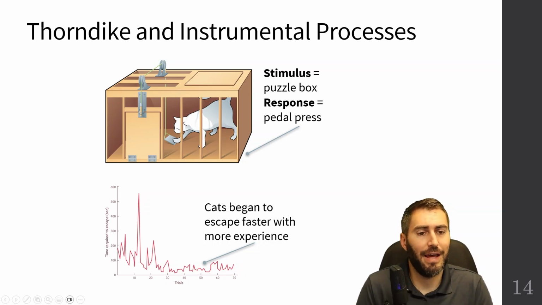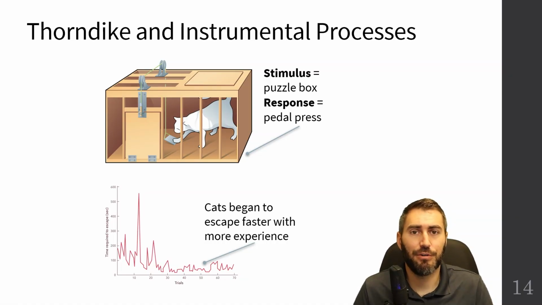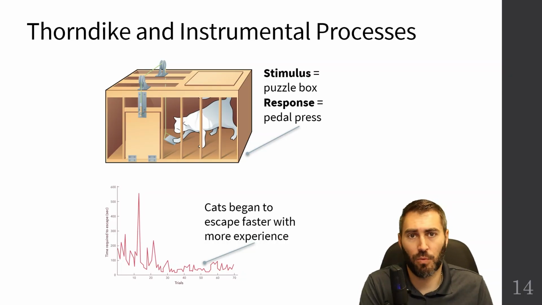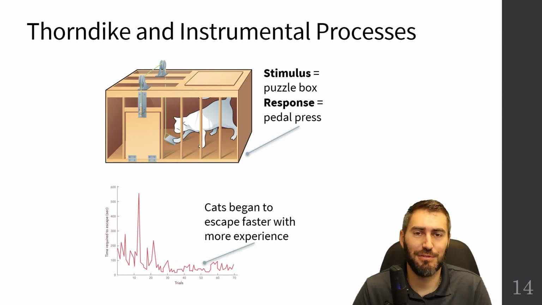They've learned how to get out, so they repeat the steps that allow them to escape and don't try the things that didn't work for them. The solutions that work are maintained and used more often, and the solutions that didn't work go away over time.